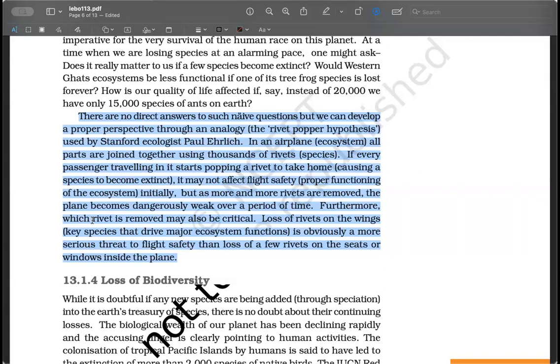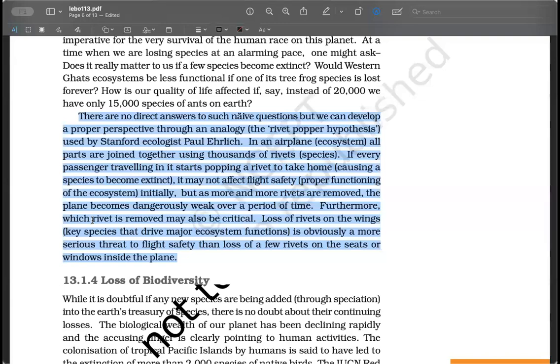Okay, so write down the question: what is the rivet popper hypothesis? To explain what is the rivet popper hypothesis, and also who gave it. So remember Paul Ehrlich's name.